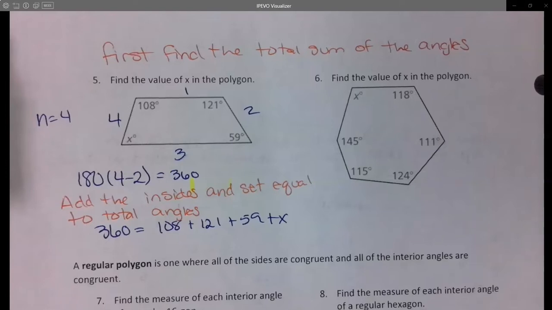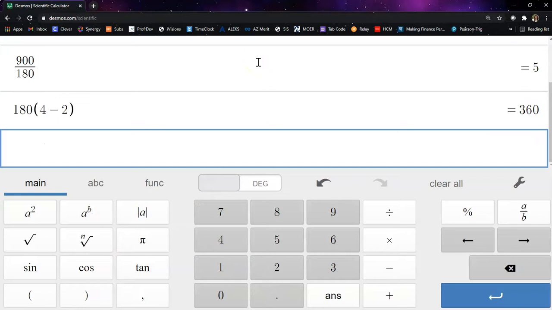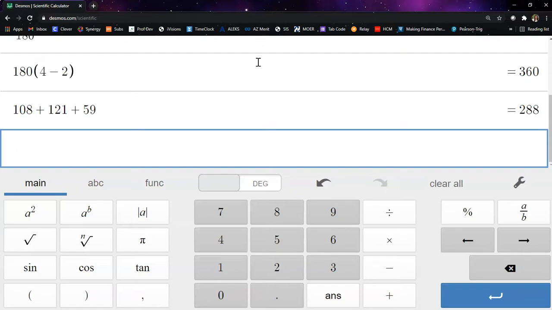Then I want to combine like terms, so I'm going to add all of these numbers together. So I have 108 plus 121 plus 59, which gets me 288.